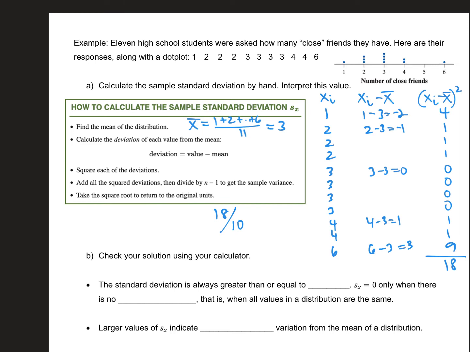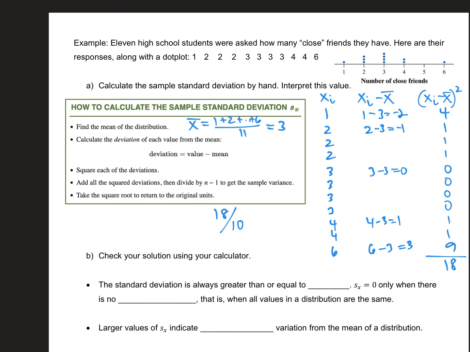I have in my paper that I'm dividing by 11, but that's not right. I think I did it wrong when I did it earlier. I could pause the video, but I don't want to waste your time. So it's 18 divided by 10, which is 1.8. I just have it written down wrong on my paper.